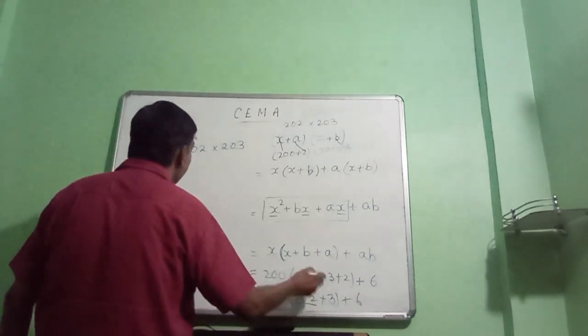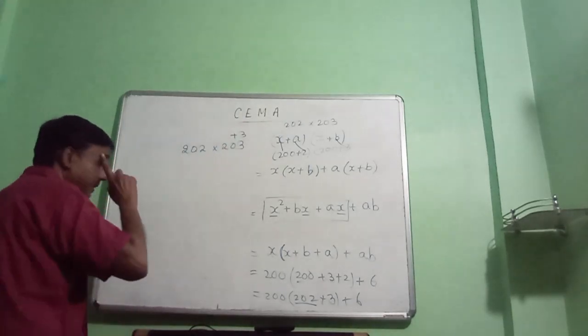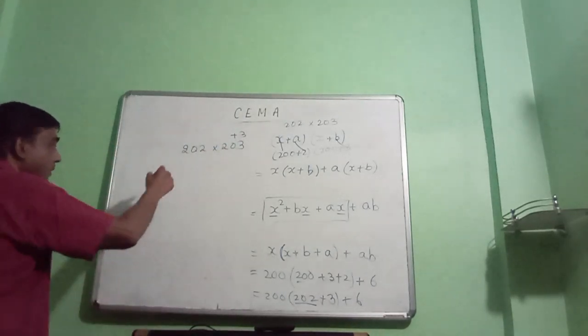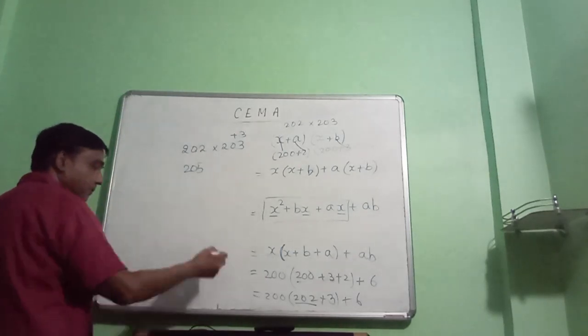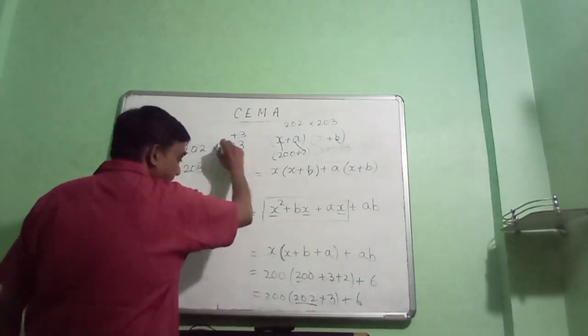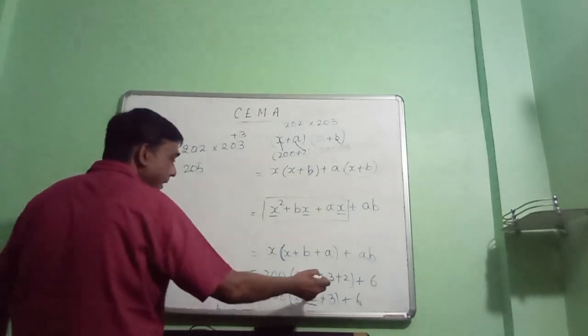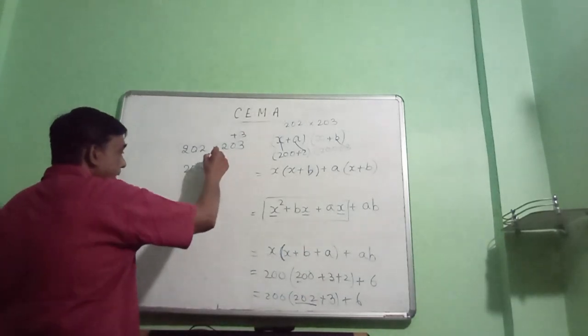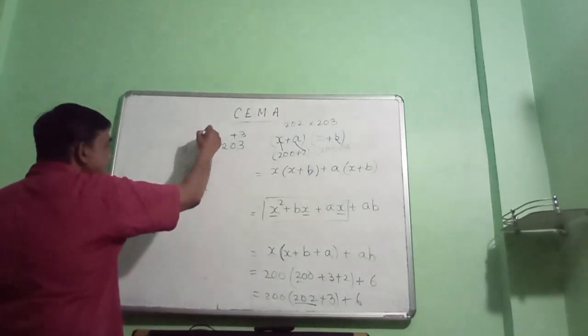This 202 gets added to this 3, which is the deviation of this. That is our b. So 202 plus 3 became 205. If you see this, you will understand why we did that. Okay, and multiplied by, and here we drew a line and said 2 into 3 is 6.